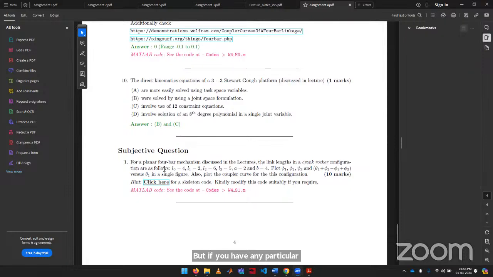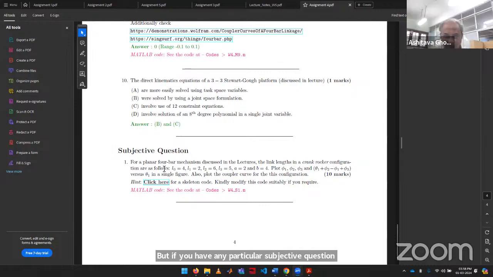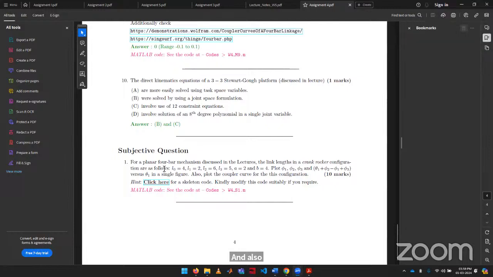You can always ask for help, hints, anything. And also, everyone is checking the solutions I'm posting, right? Solutions and codes and everything. I hope that is visible to everyone.